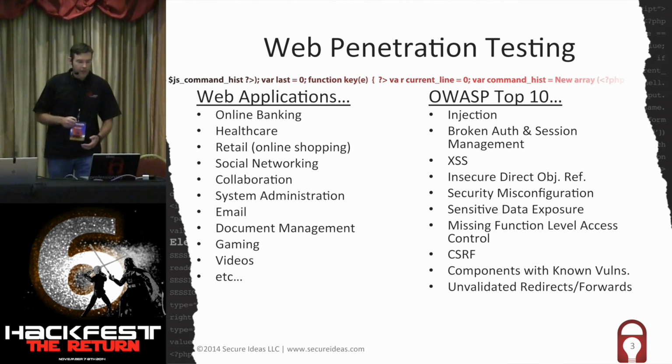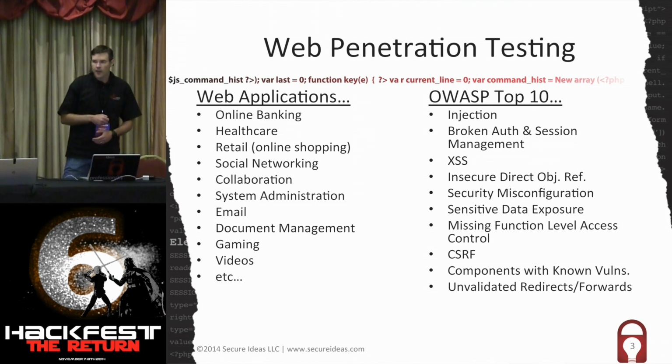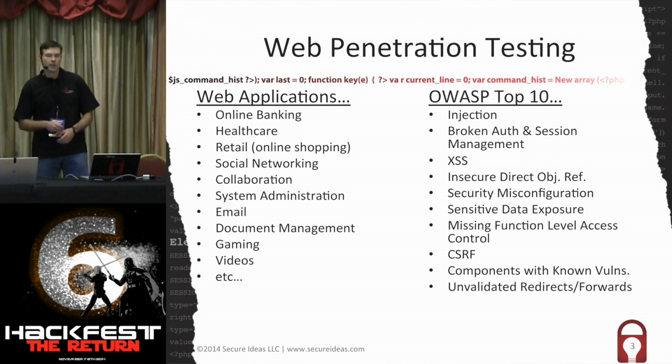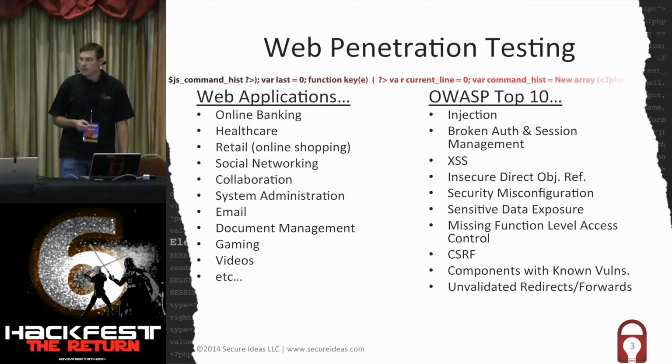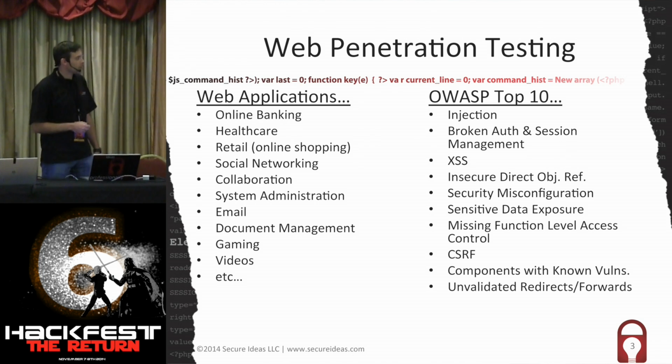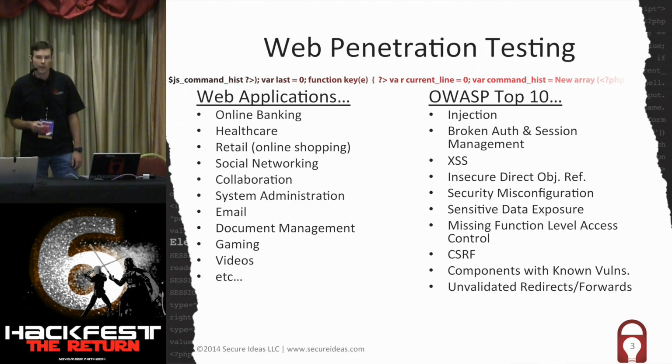We have our online banking. We have all of our social networking on there. You have email. Internally, you're looking at collaboration, document management. All kinds of things are available through web browsers. And a lot of these still have vulnerabilities. On this slide, I put the OWASP top 10 as an example of a lot of the types of things that we still find in web applications.